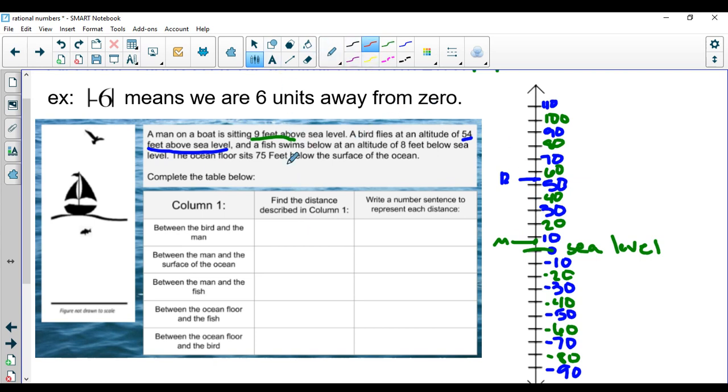And a fish swims below at an altitude of 8 feet below sea level. So the fish is not above sea level. The fish is below at about 8 feet. So my fish is going to be right here.